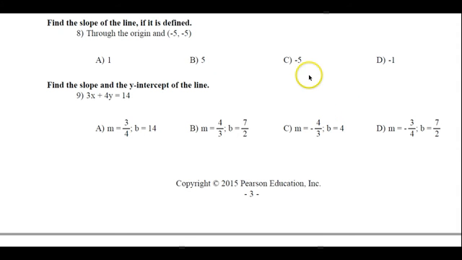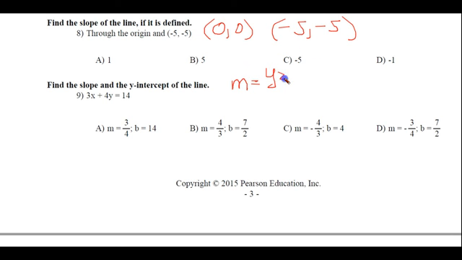Now, in this next one, we're asked to find the slope. So we have the origin as one point, and we have this other point. So the slope formula is y sub 2 minus y sub 1 over x sub 2 minus x sub 1.